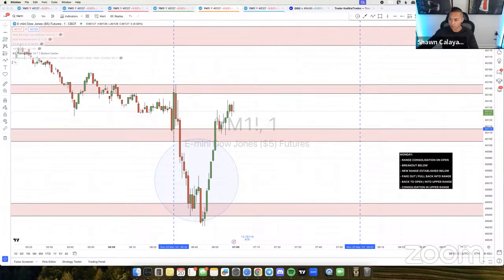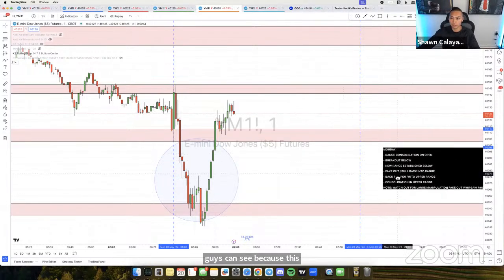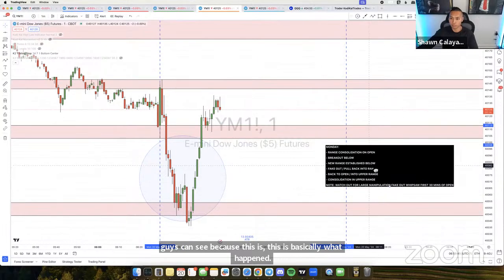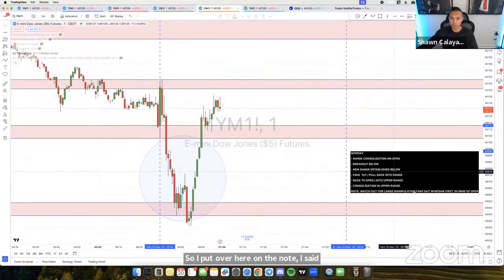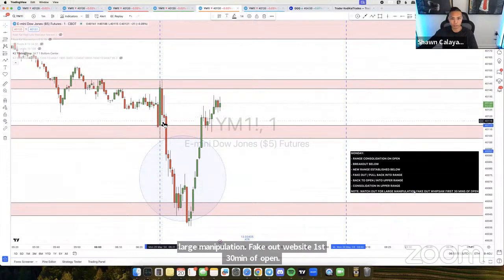Okay, so I'm going to put this right here too so that you guys can see, because this is basically what happened. So I put over here on the note, I said, watch out for large manipulation fake out whipsaw first 30 minutes of open. Because you can see over here from the first 30 minutes, market opened right here. It was just a huge fake out whipsaw.